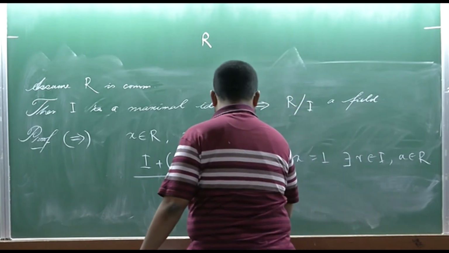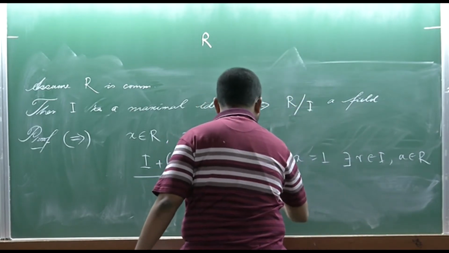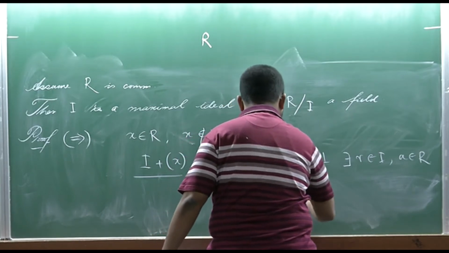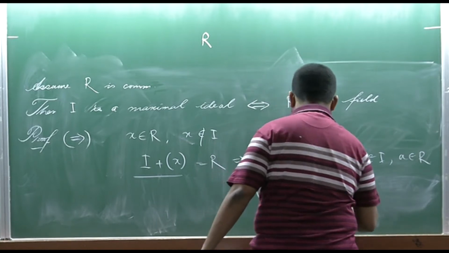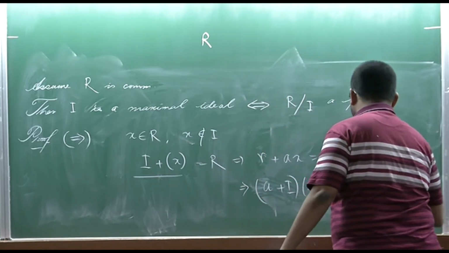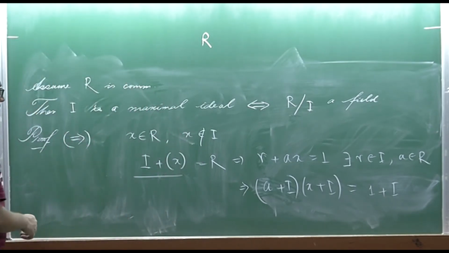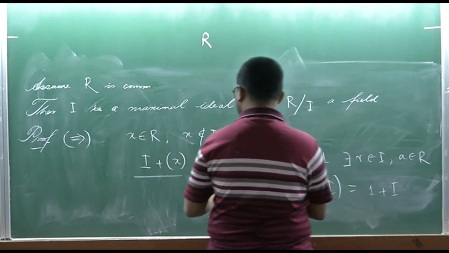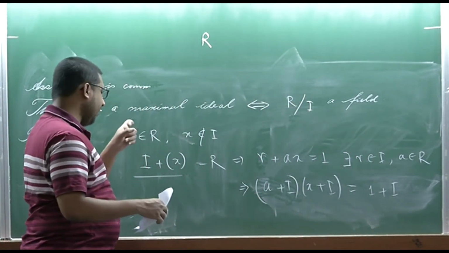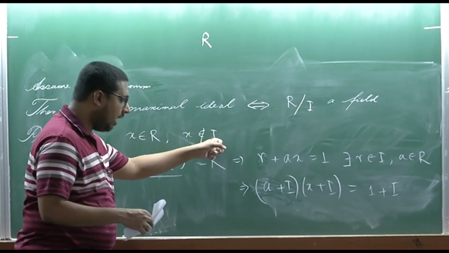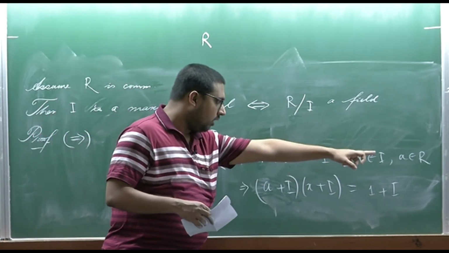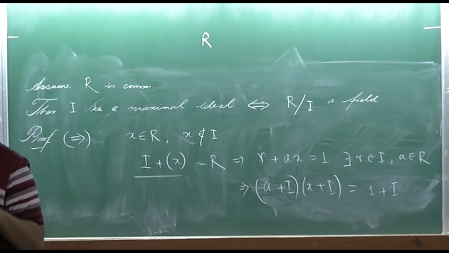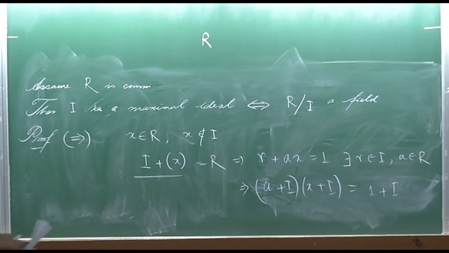This immediately implies that (r plus I) times (x plus I) is 1 plus I. So, what have we shown? We have shown that for every x in R not belonging to I, there is an element r in the ring such that 1 minus rx belongs to I. That is all we have shown. This is the key point, the rest is just immediate.